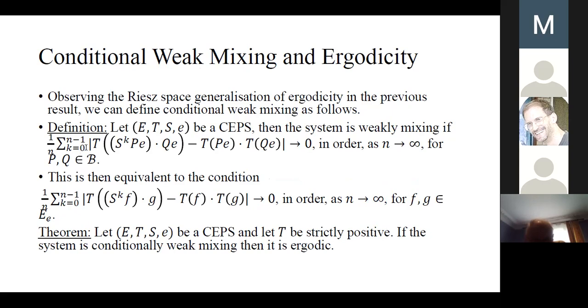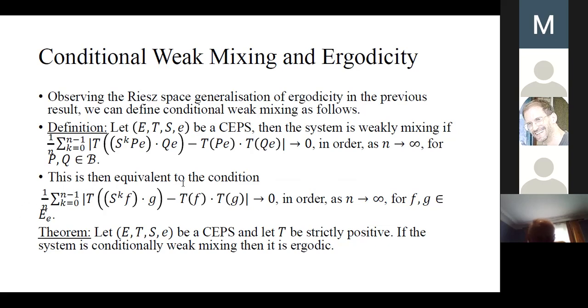So we have that the Cesàro sum of T applied to SKPE times QE minus TPE times QE converges to 0 in order as n goes to infinity for all band projections P and Q on E. And with some more effort, a lot of effort, we can build this result and apply it to general functions F and G in our f-algebra EE.